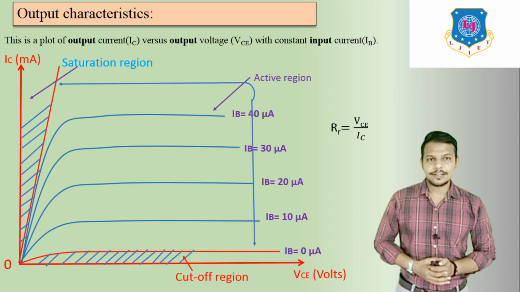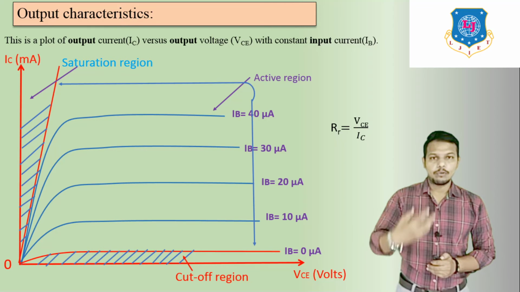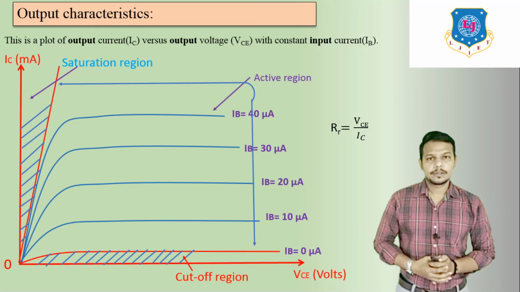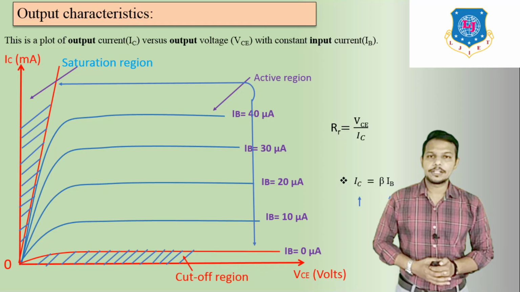So this is the reverse resistance. How can we find reverse resistance? It is due to the voltage and current. So resistance is equal to the ratio of voltage VCE upon IC, and IC is equal to beta into IB.